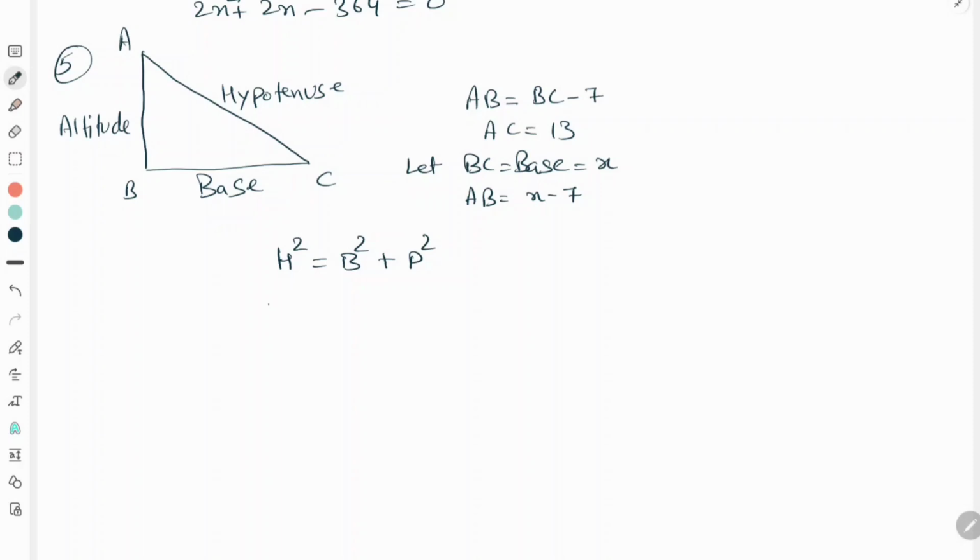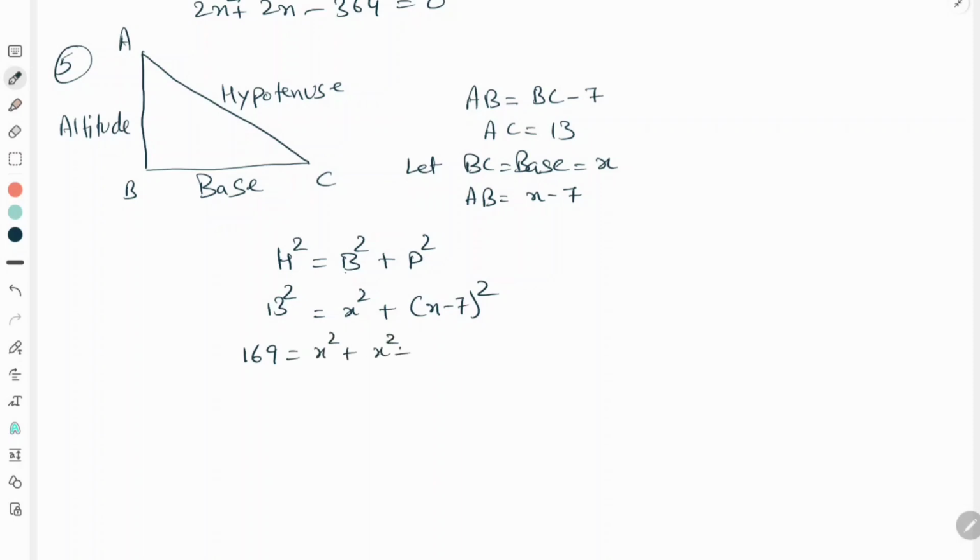So hypotenuse is 13, base is x, and perpendicular or altitude is x minus 7. So we can just solve this equation.